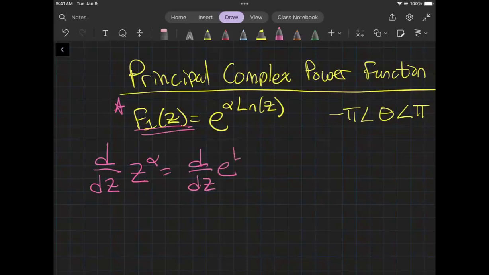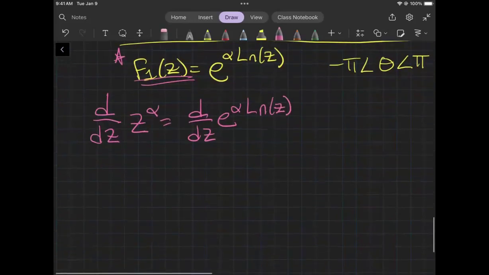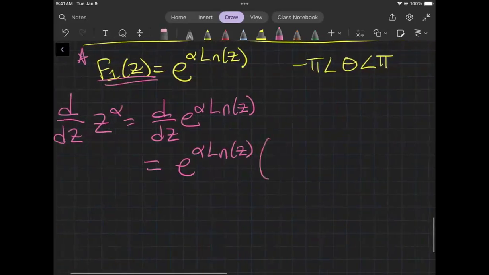So e to the alpha times capital natural log of z. By the chain rule, this equals e to the alpha times capital natural log of z times the derivative of the exponent, which in this case is just alpha over z.